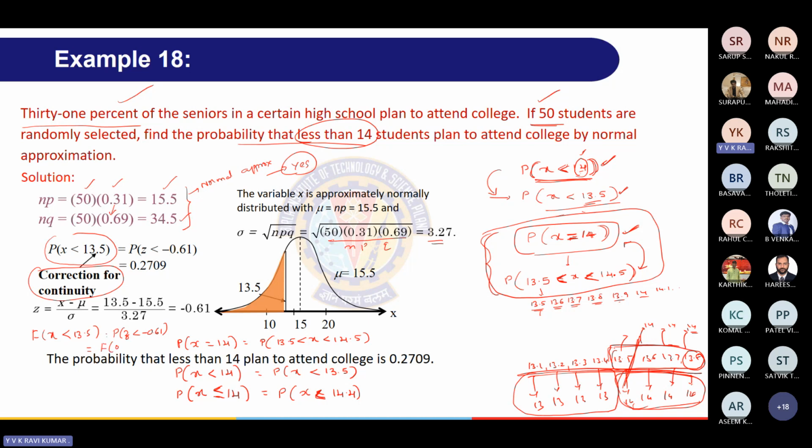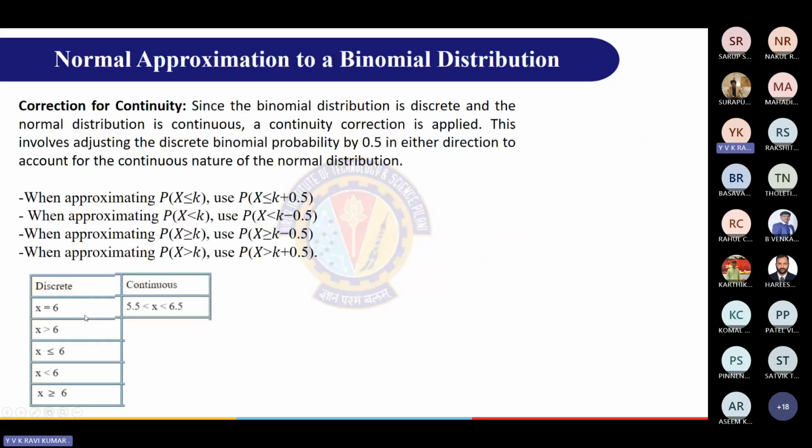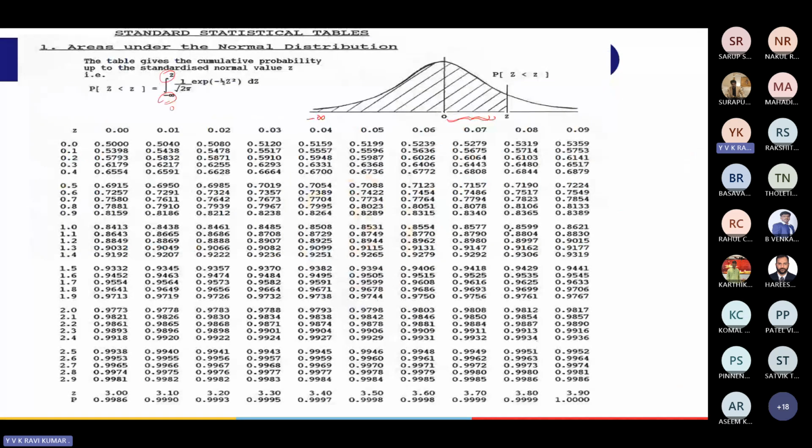As it is, minus 0.61. F of minus z, we can make it 1 minus F of z. Then 1 minus F of, just take the value from the table for 0.61. 0.6 here and 1 here, this is the value, right? 0.729.